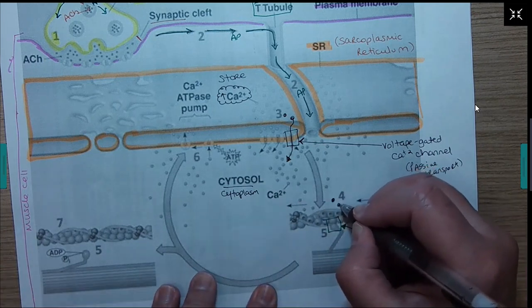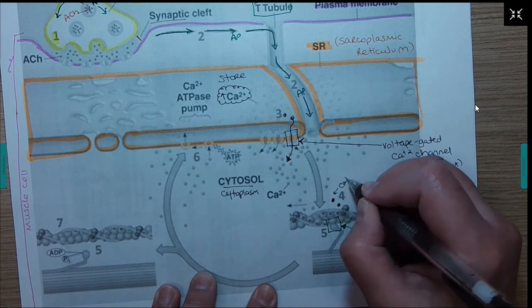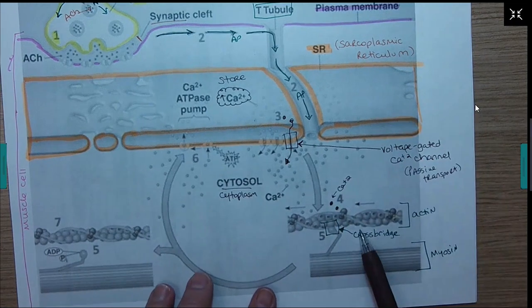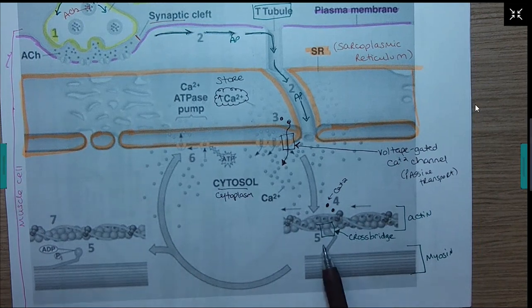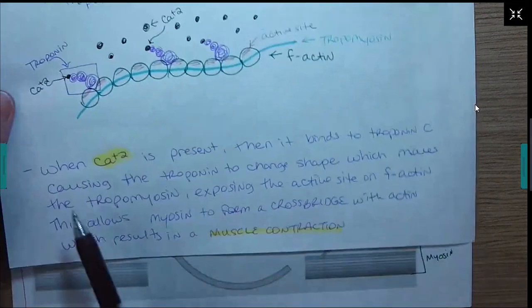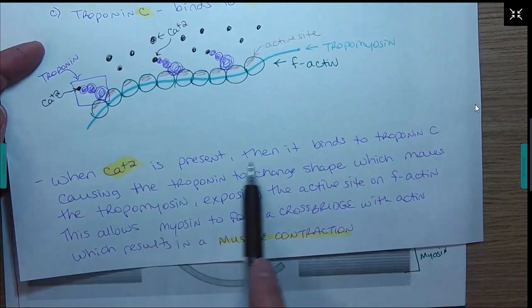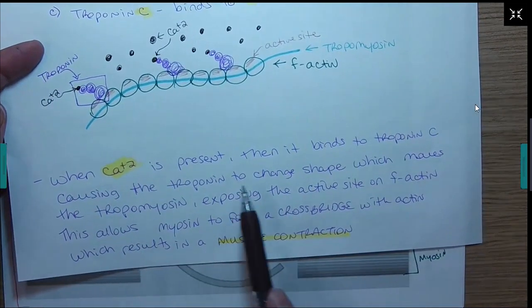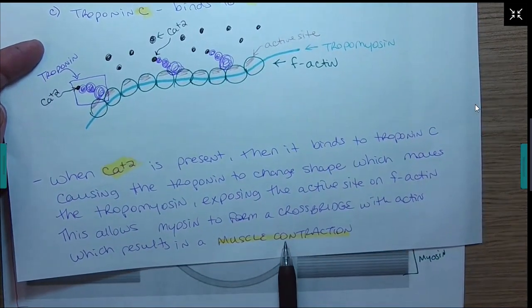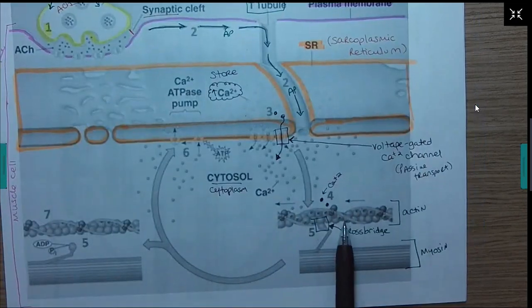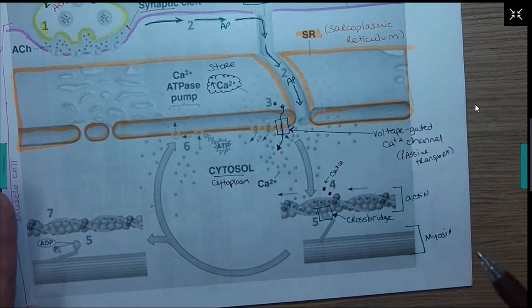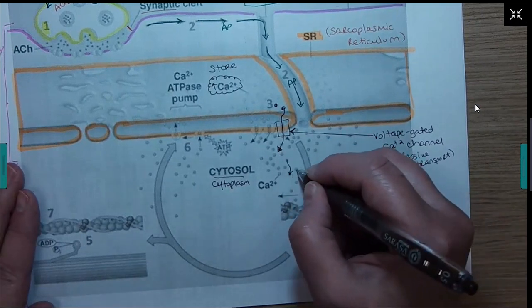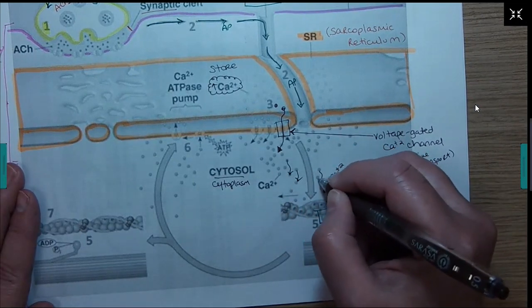You got these little calcium ions floating around, and they're attached to the troponin. So what's happening here is what we talked about before. Calcium showed up, binds to the troponin C, causing it to change shape. We get cross bridge formation, and that's your muscle contraction. So that's what's happening in this step right here. So the calcium is going towards the troponin molecule.